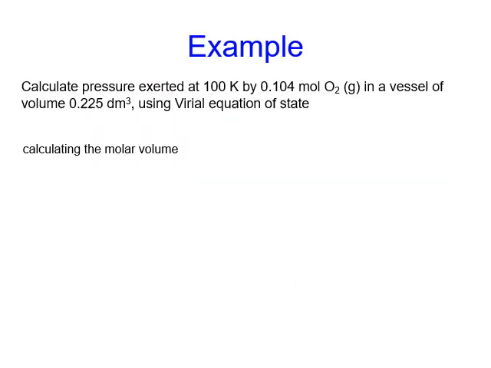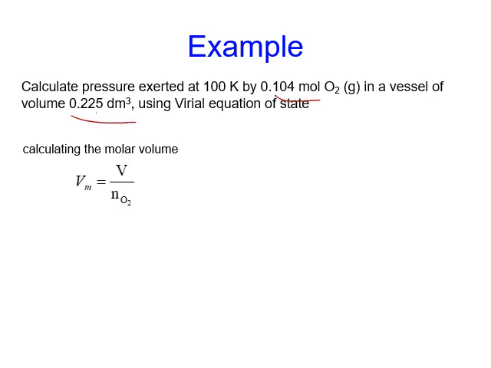Here's a sample question. Calculate the pressure exerted at 100 Kelvin by 0.104 mole of oxygen in a vessel of volume 0.225 cubic decimeter using the virial equation of state. In order to use the virial equation of state, we need to know the molar volume, so we use the total volume divided by the number of moles.